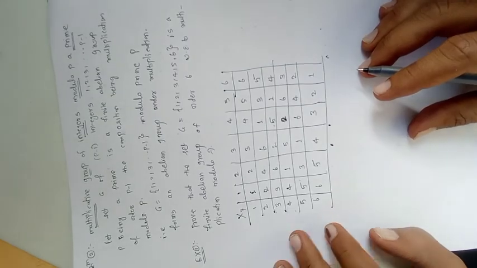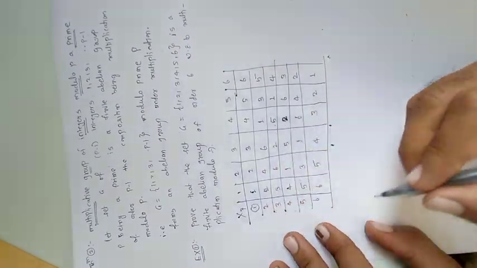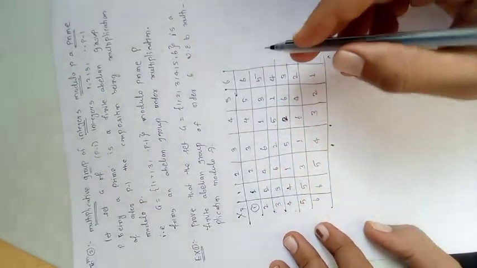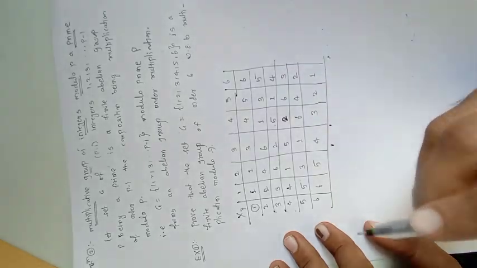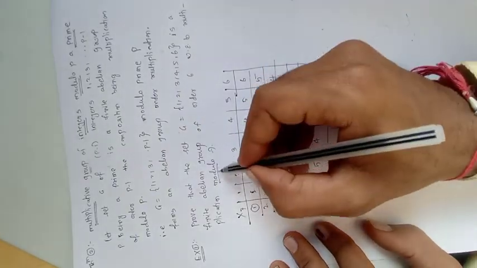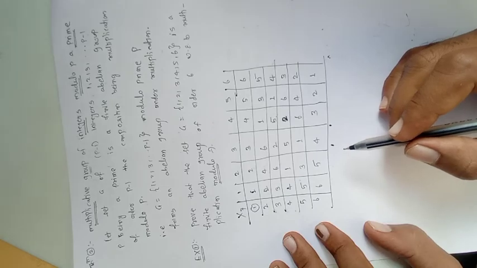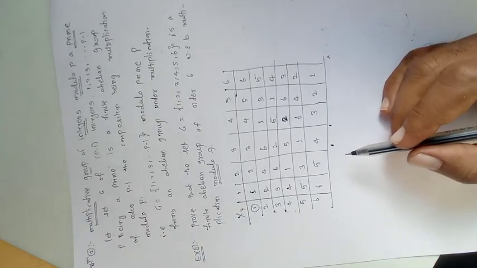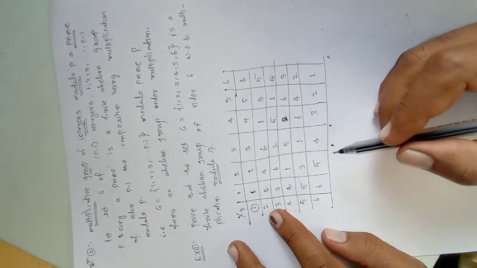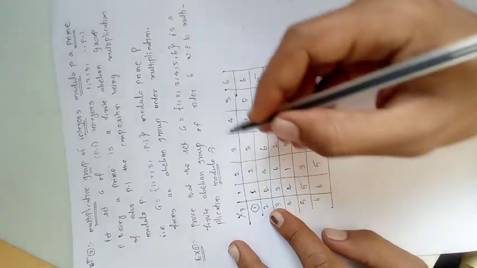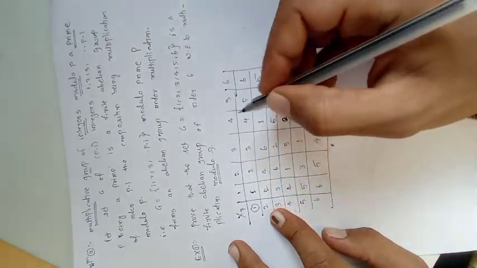Now here note that 1 is the multiplicative identity of this group, and this group contains 6 elements, so this is a group, and this is abelian because multiplication is always commutative. So this is an abelian group of order 6. Now the multiplicative inverse of 2 is 4 because 2 into 4 is 1.